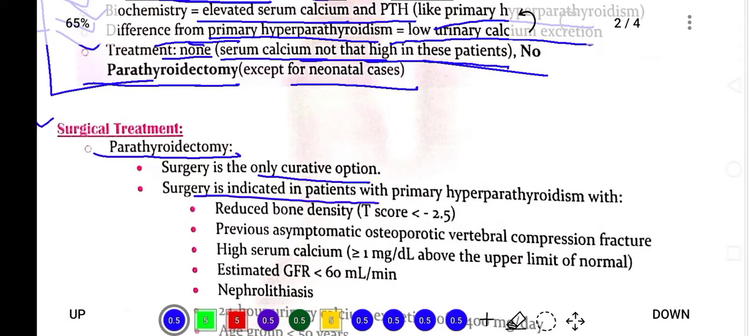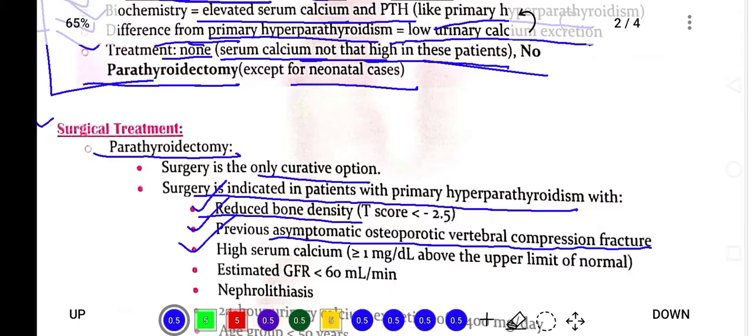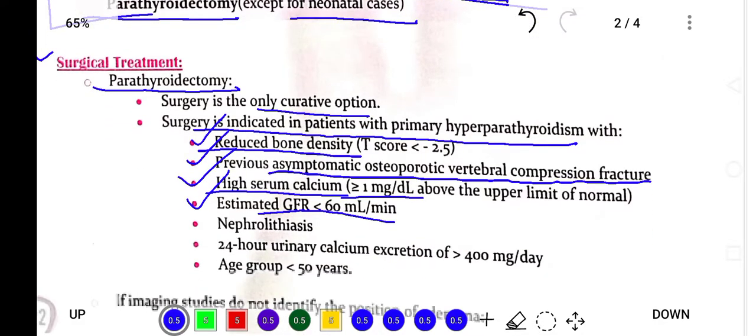Surgical indications in primary hyperparathyroidism include reduced bone density and previously asymptomatic osteoporotic vertebral compression fractures, which occur because of excessive demineralization of the bone. Serum calcium greater than 1 milligram per deciliter above normal, and estimated GFR less than 60 milliliters per minute.